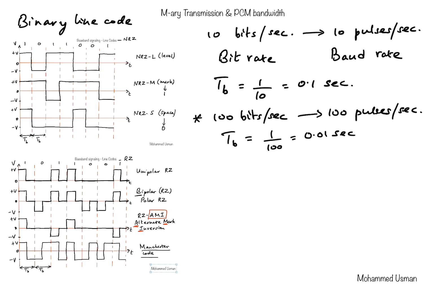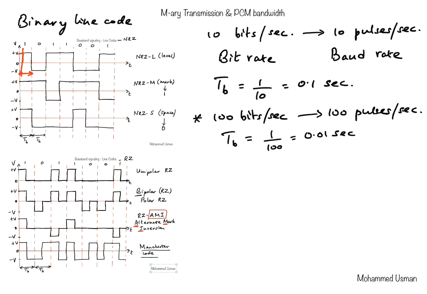So if the pulse duration is reduced from 0.1 second to 0.01 second, you're going to have a pulse which is much narrower, like this. In that case, the bandwidth required to represent that pulse would increase proportionately.